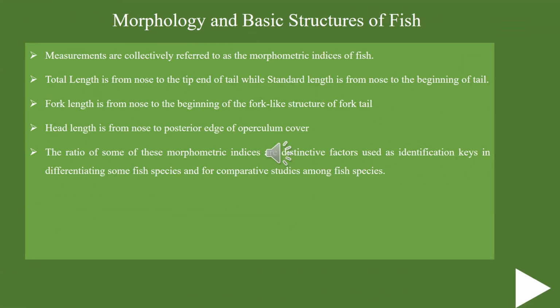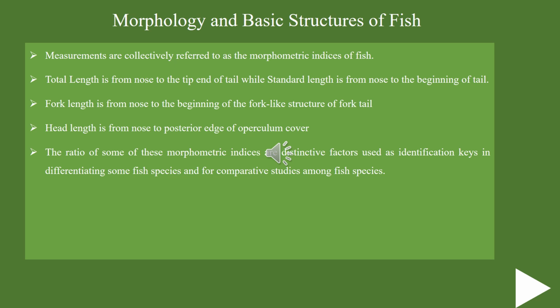In describing morphology of fish, there are some measurements that are very, very important. These measurements are collectively referred to as morphometric indices of the fish. The measurements include total length, which is taken with either measuring tape or any materials that will make you take the measurements.